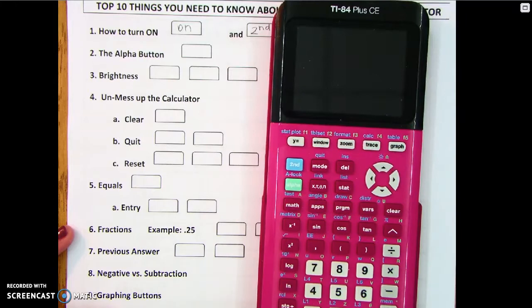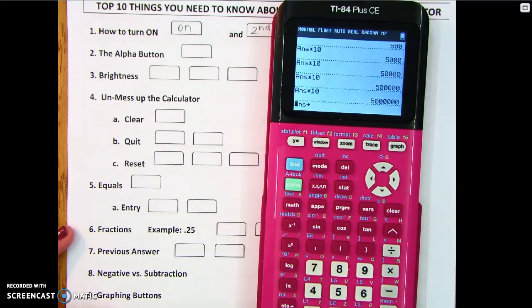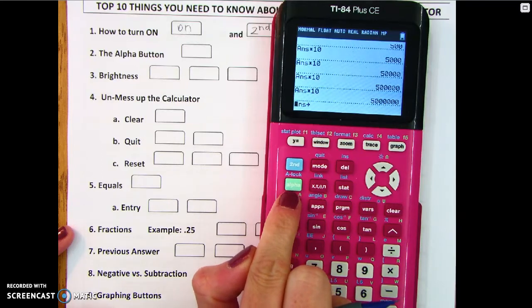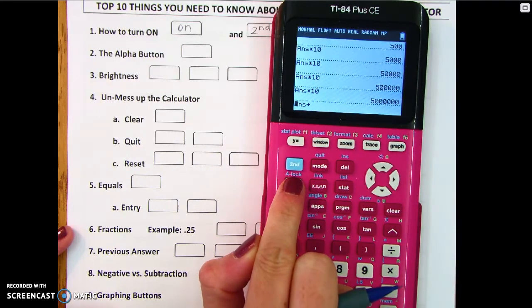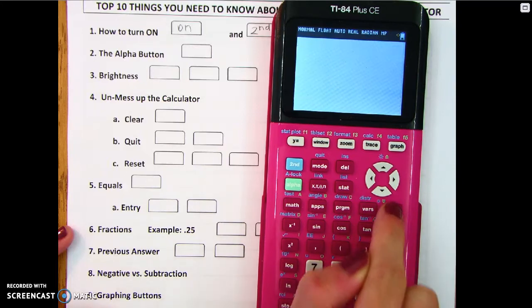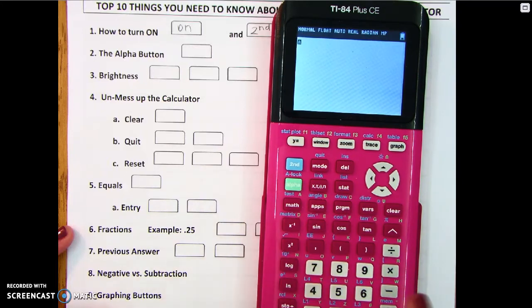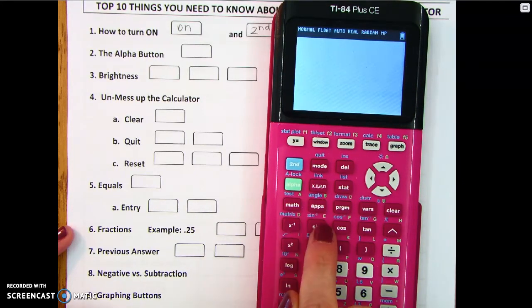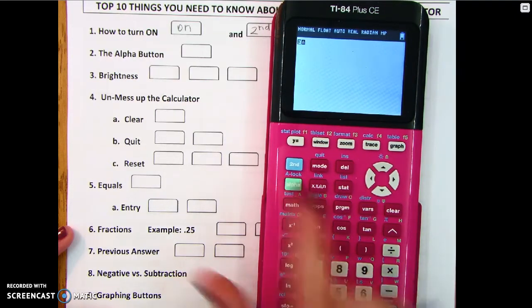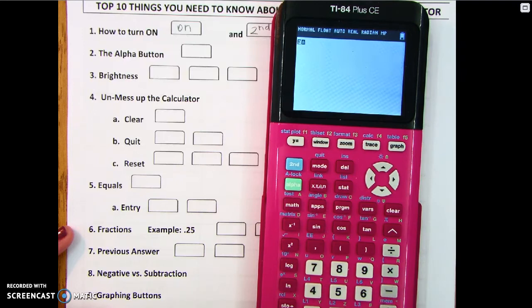Next, if you turn on your calculator again, we have the alpha button, which a lot of you will like, this green button. So again, if you press this green button, I'm going to go ahead and clear mine. Press the green button. All of the green letters above the keys are activated. So I can type my name.